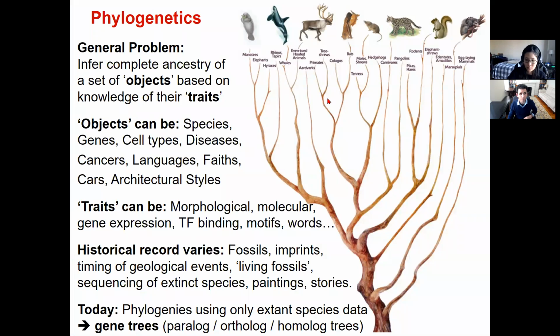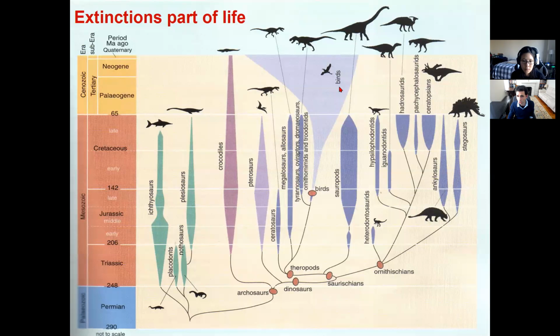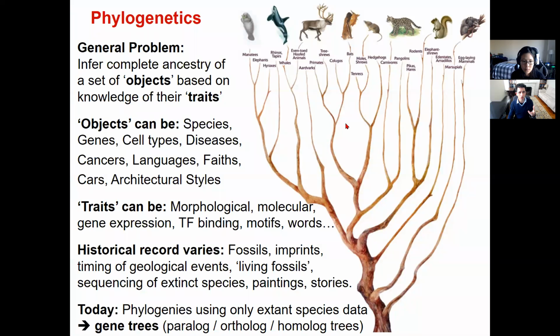And what we have in phylogenetics is the challenge of, well, we only have modern species to work with, or in some cases, we have bones of extinct species. And then the general problem that we're trying to solve is how do we infer a complete ancestry of a set of quote unquote objects based on knowledge of their quote unquote traits.